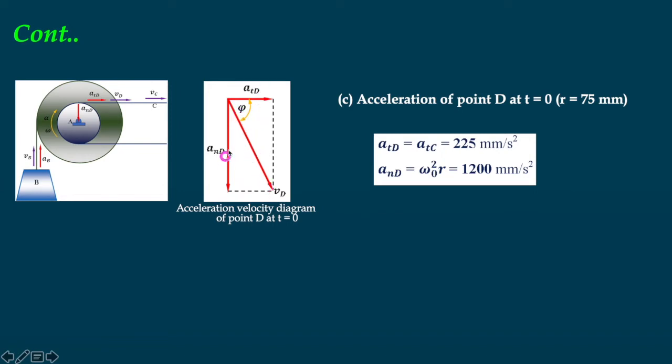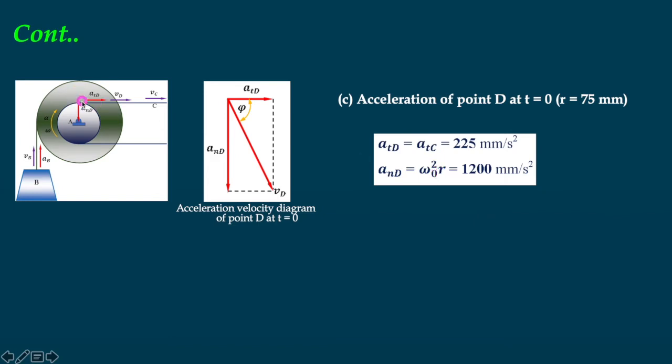Summation of these two components along this. So ATD at time t equals 0 is this, and this is the AND, meaning the tangential component of acceleration that is given, and this normal component of acceleration we can calculate as omega 0 squared r.